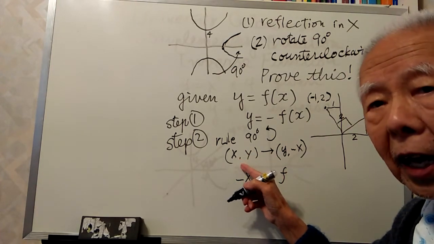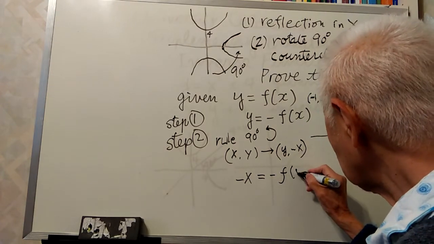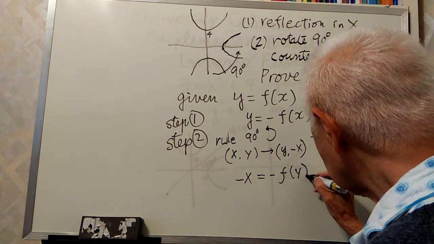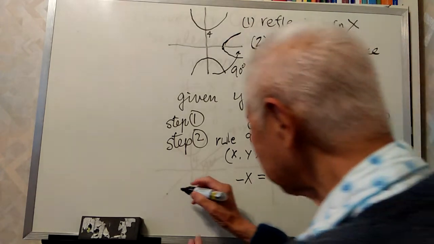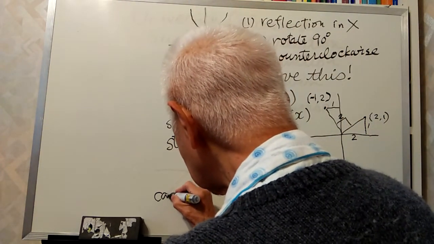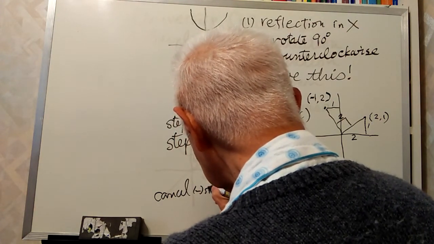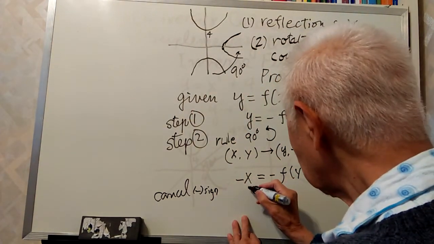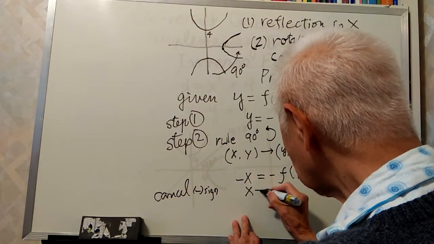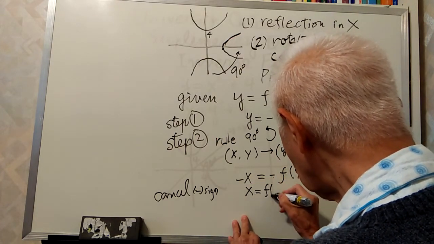X becomes y. So cancel the negative sign. So what do we have now? X equals, negative cancel, x equals f of y.